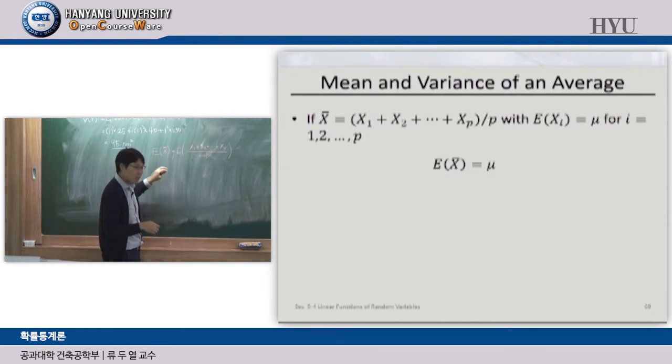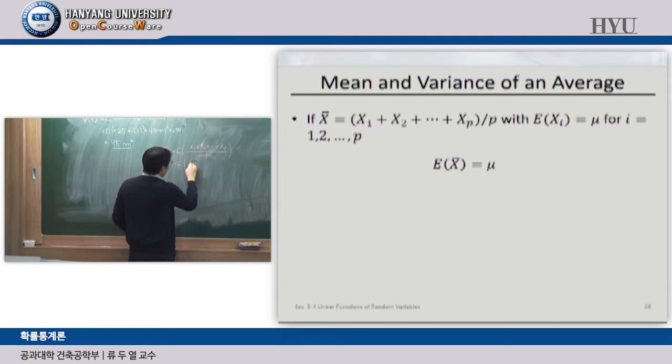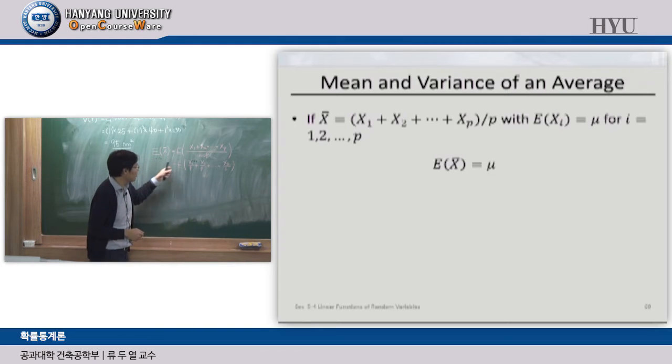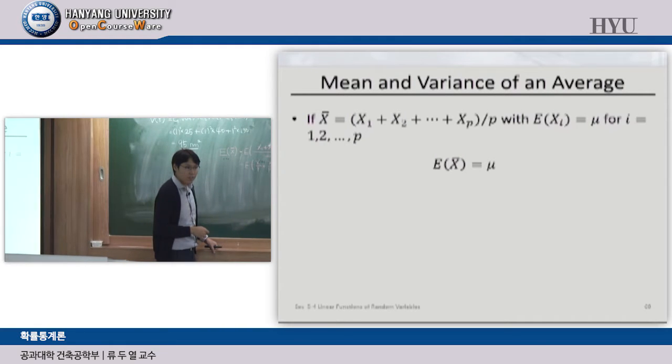Okay? This equation can be changed to this equation, okay? And in this case, E of x1 over p plus x2 over p plus up to xp over p, this equation also can be changed to this equation, okay? Right?